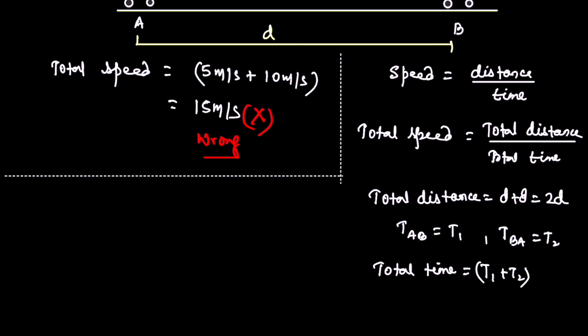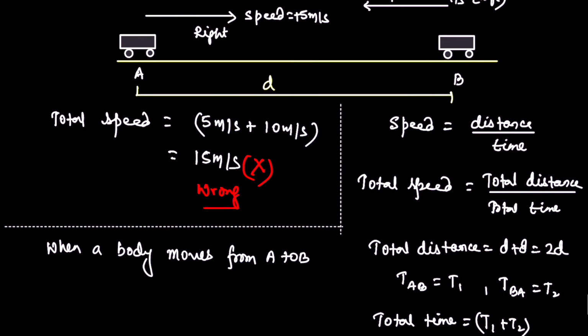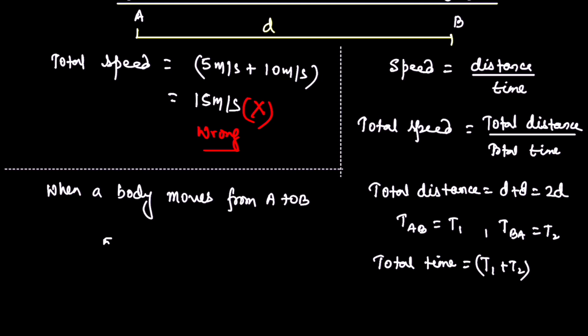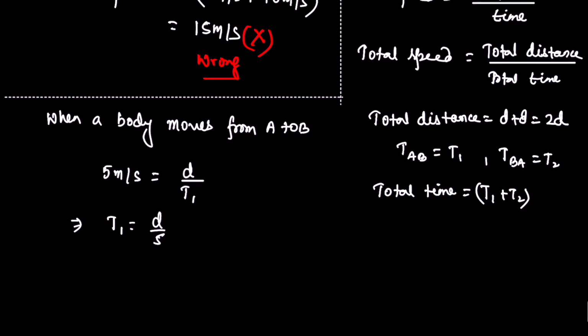We know that speed is equal to distance by time. So when a body moves from A to B, that time speed is equal to 5 meter per second. Distance is D and time is T1. So T1 is equal to D by 5.